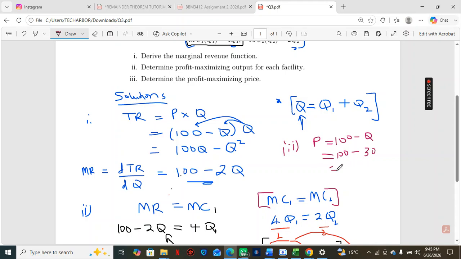So the profit maximizing price, 100 minus 30, is going to be 70 kwacha. That is the profit maximizing price. Okay. Any questions, colleagues?